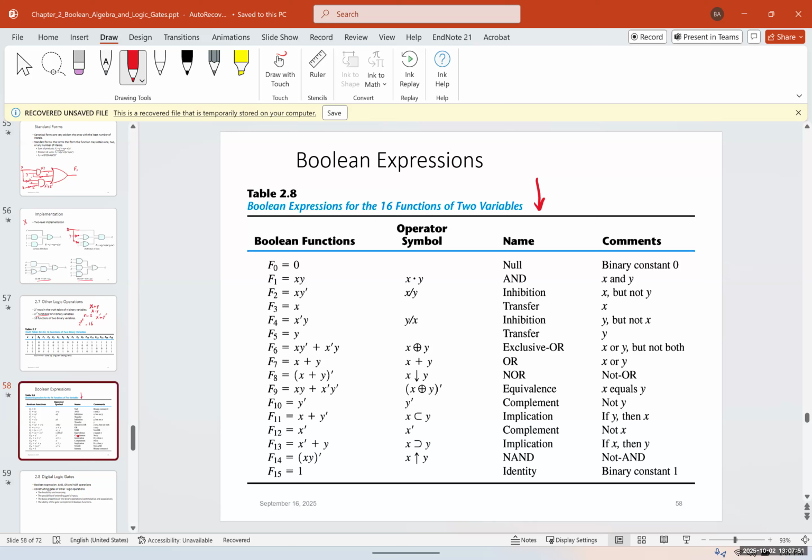And again, we have AND, inhibition, transfer, exclusive OR, NOR, equivalence, complement, implication, complement again, implication, NAND, and identity. And you can see some explanations about it, like f0 means a binary constant of 0, f1 is x and y, and so on.